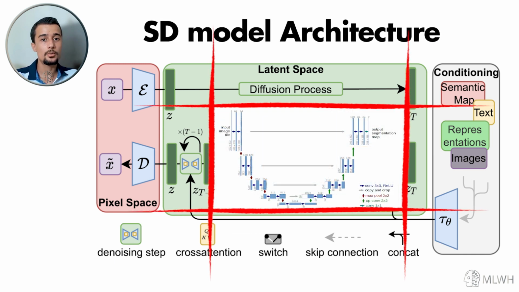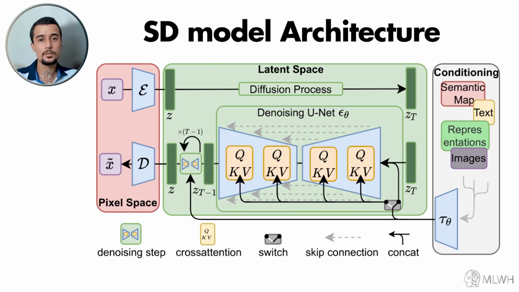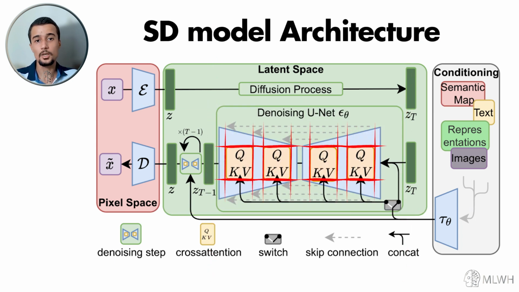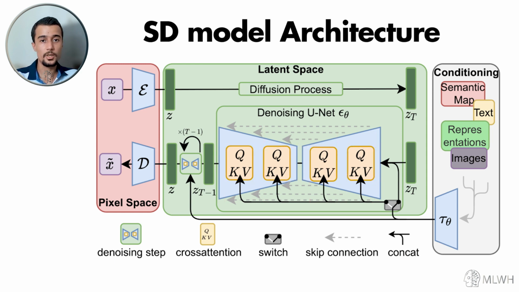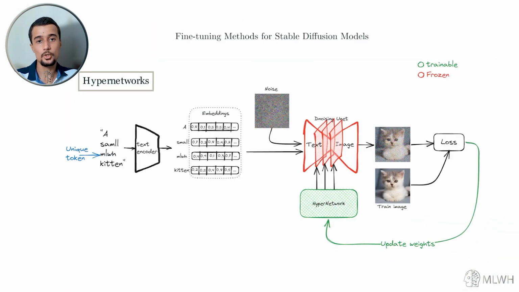It is actually a type of autoencoder with a U-like shaped architecture, hence its name U-net. This U-net uses layers called cross-attention layers, which take as input three different variables: the query, the key, and the value. And the Hypernetworks that we train act on these three inputs and modify them to make the model generate images for the chosen subject.